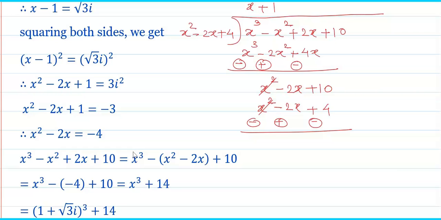Minus 2x plus 2x gets cancelled. 10 minus 4 gives 6. And this is the value of that polynomial.